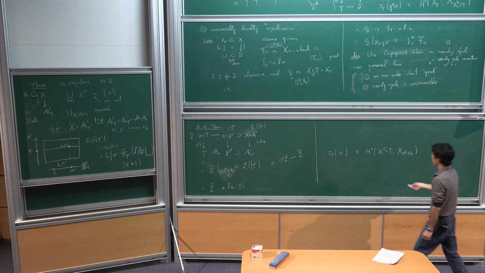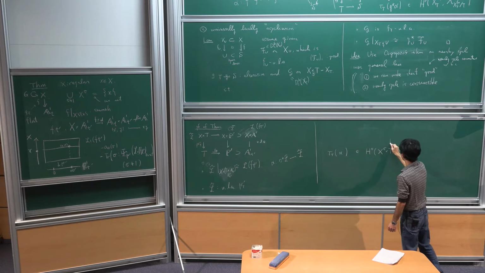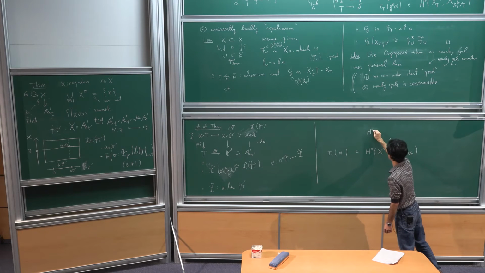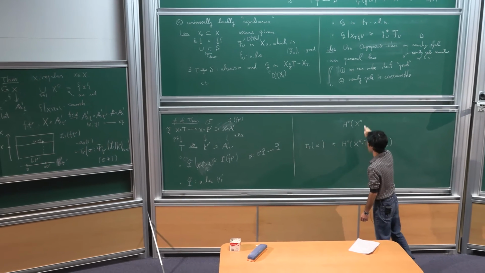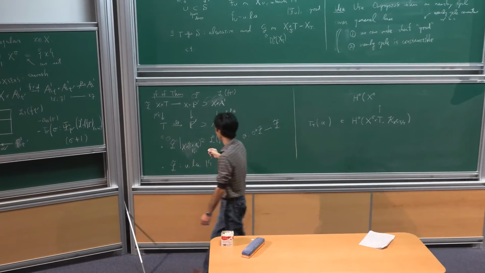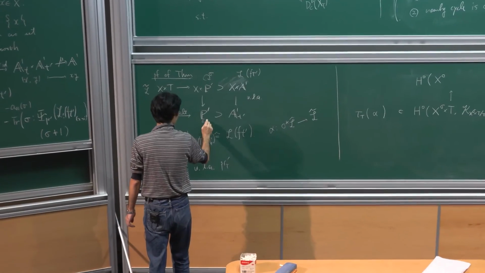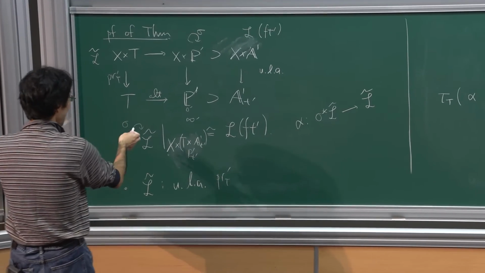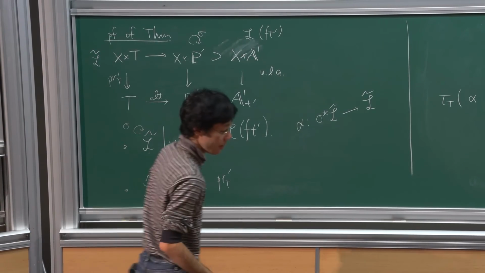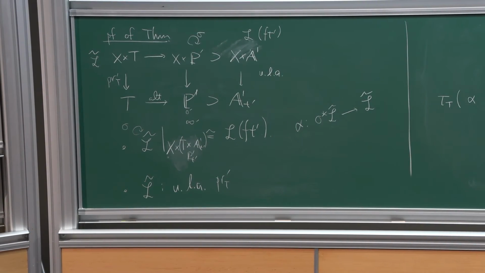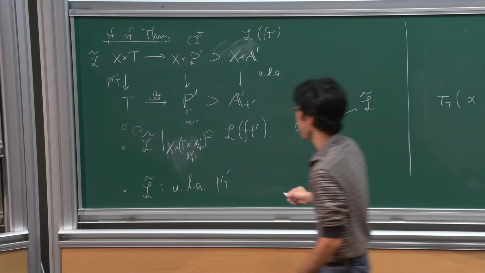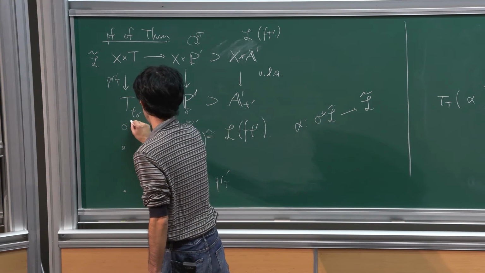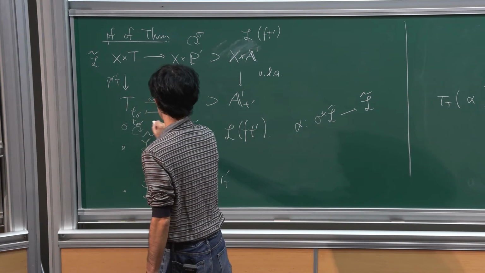Okay. I have two restrictions. I want, so there's 0 prime and infinity prime here. And I want to fix any lifting, which I denote by T0 prime and T infinity prime. This is just some lifting.